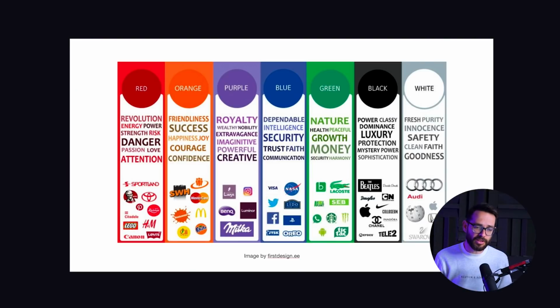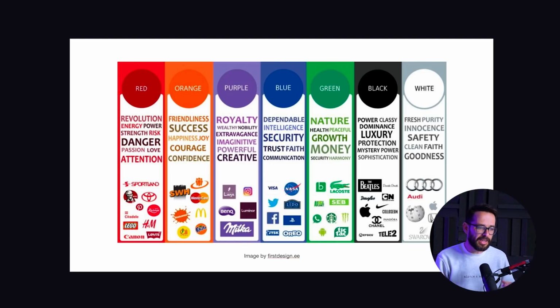All right, so the first thing that you want to understand as a designer is that each one of these colors, and here's a scheme of basically the most famous colors, each of them comes pre-built with association in our society, right?